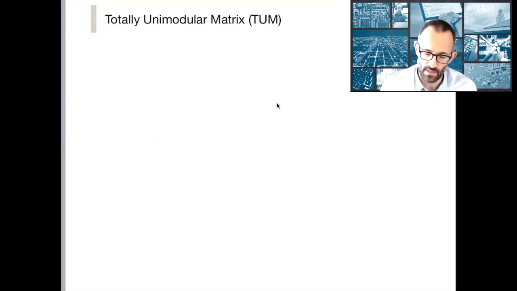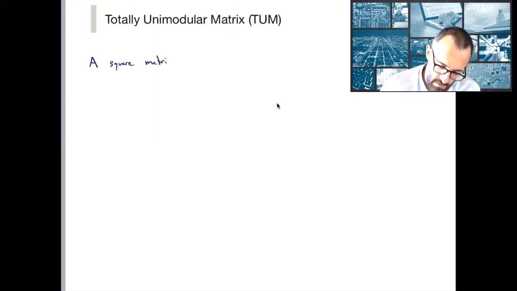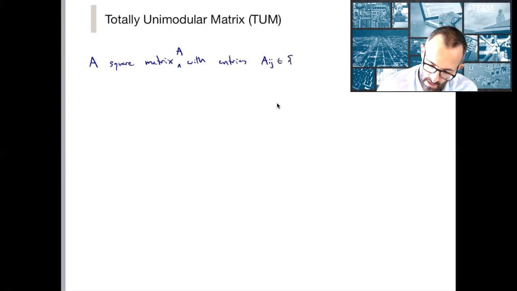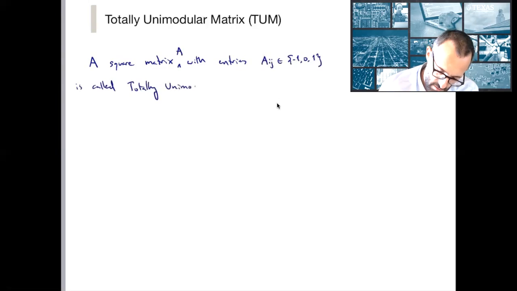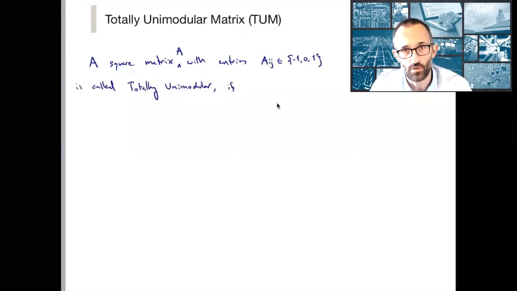I'll just write down this specific definition for what we are talking about. So a square matrix A with entries in -1, 0, 1 is called totally unimodular if its inverse also belongs to the same field.